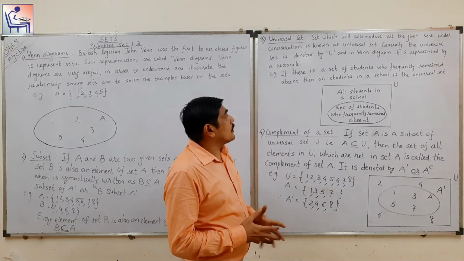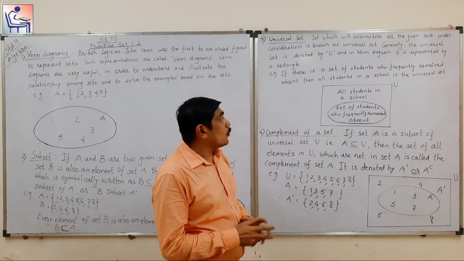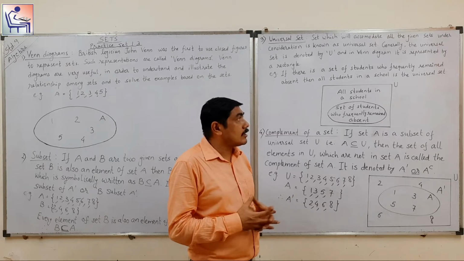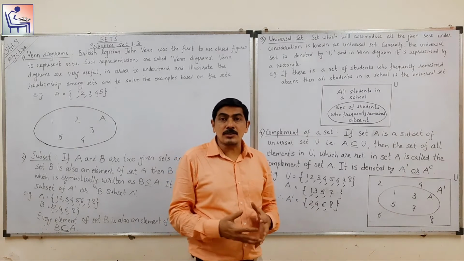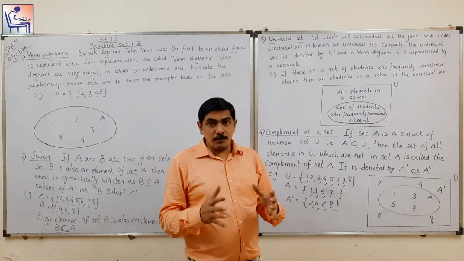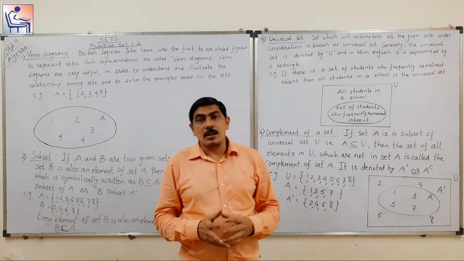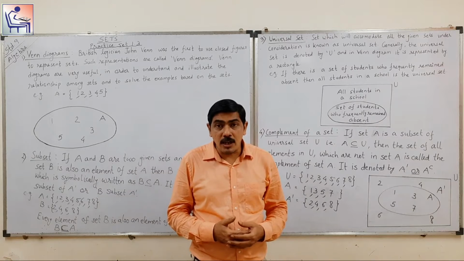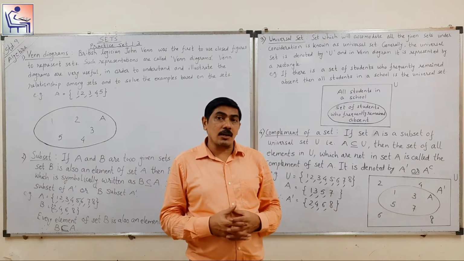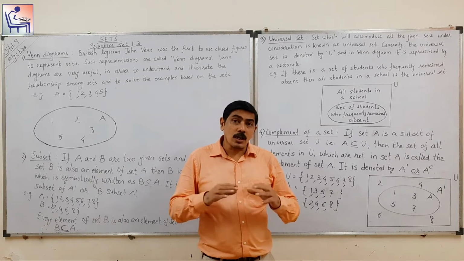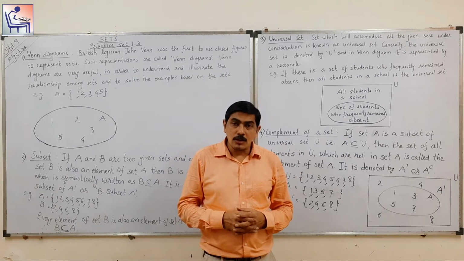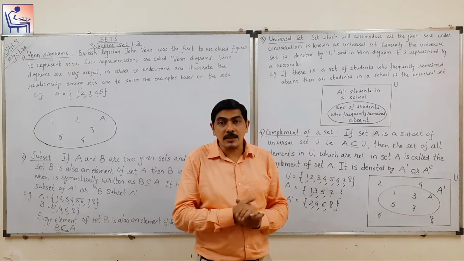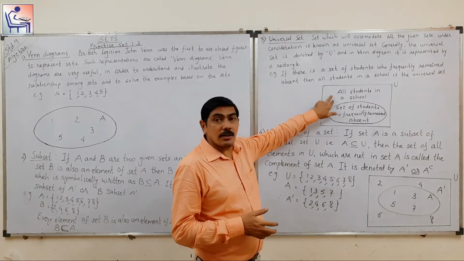For example, if there is a set of students who frequently remained absent, then all students in a school is the universal set. See, when we want to find out about students who are frequently absent and we have to study them, what will be their universal set? Their universal set will be the students of the school, and that is written in a rectangle.